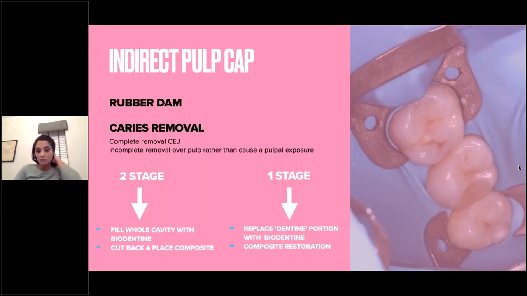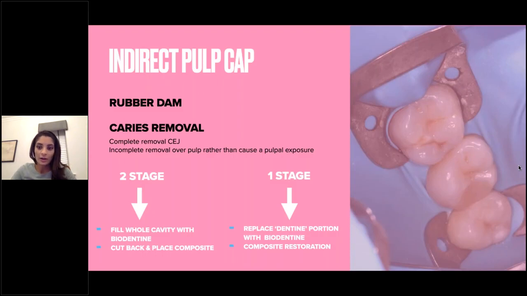So if we put composite straight away, we get polymerization shrinkage, and there was always a risk that the Biodentine was being pulled away from the pulp, creating a space between your pulp cap and the pulp.